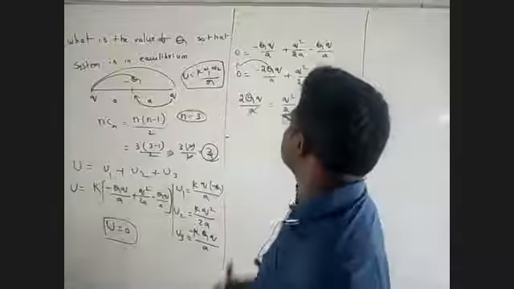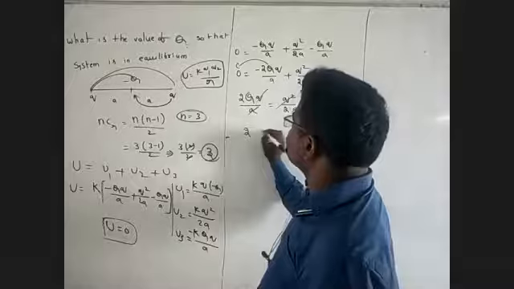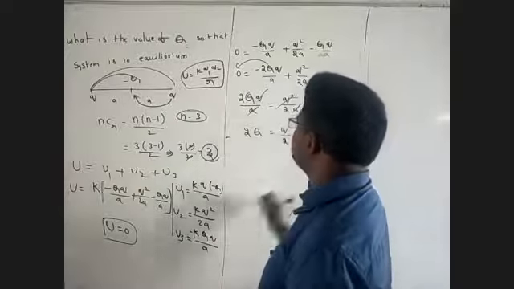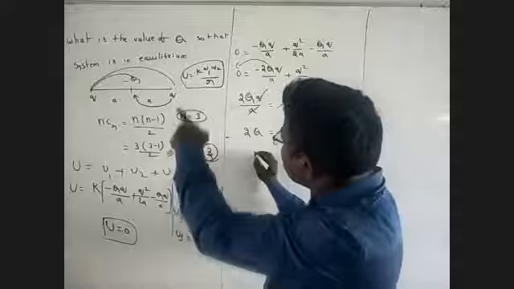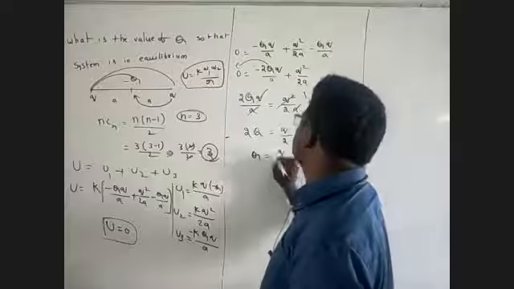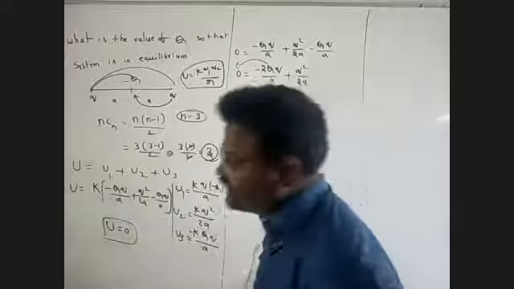So a cancels, Q square and Q cancel, remaining one Q. So 2 into capital Q is equal to small q by 2. And I need capital Q, where we are putting q as the cube: q by 2, taking this side, that is q by 4. This is your answer.